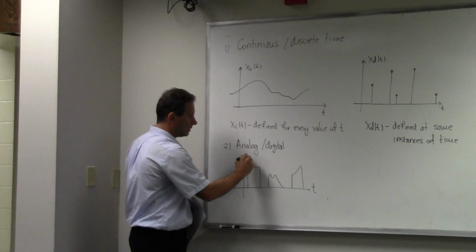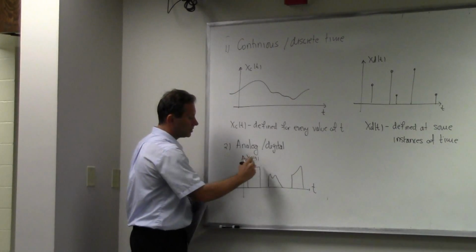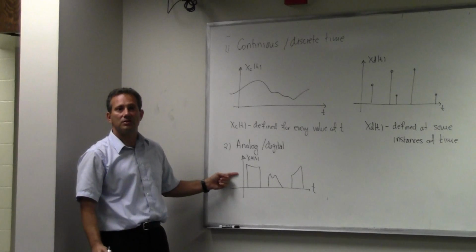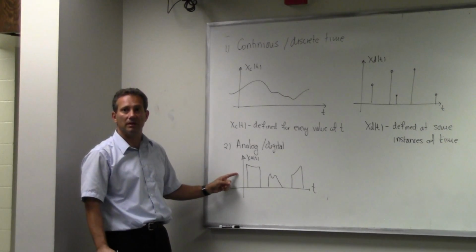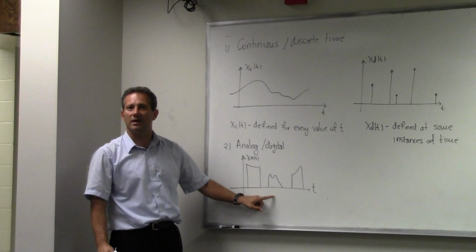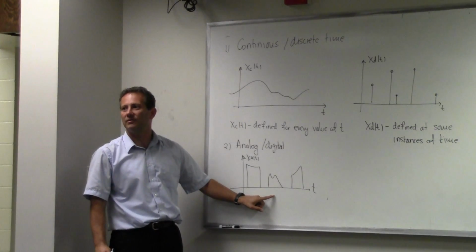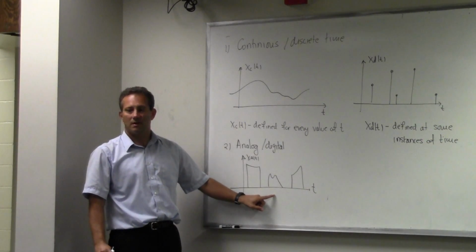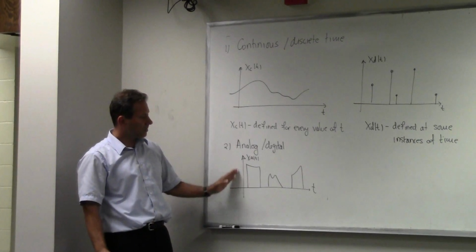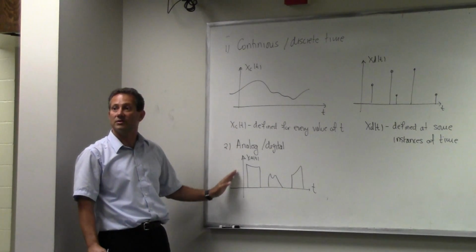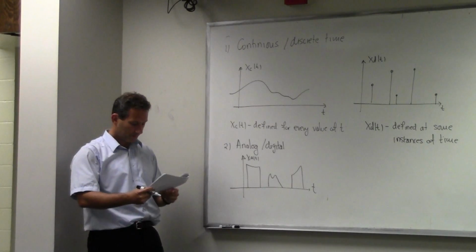Why is it an analog signal? Because it occupies a range of values in the amplitude domain. It's not discrete in the amplitude domain. It is not continuous time, right? So an analog signal doesn't have to be continuous time. But it occupies a range of values. It's not quantized on the y-axis.